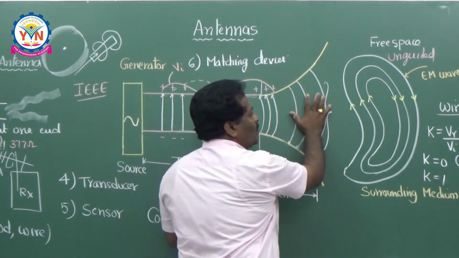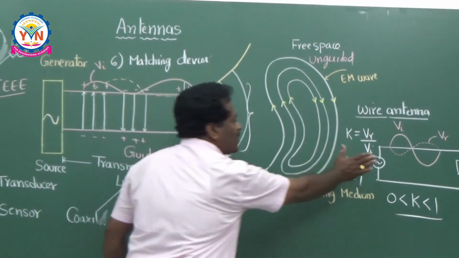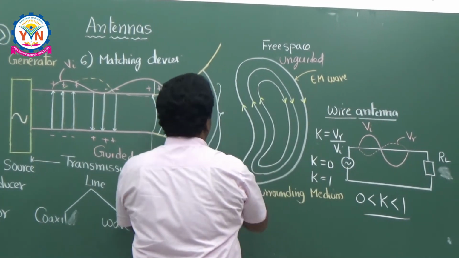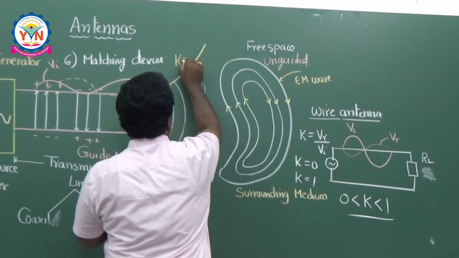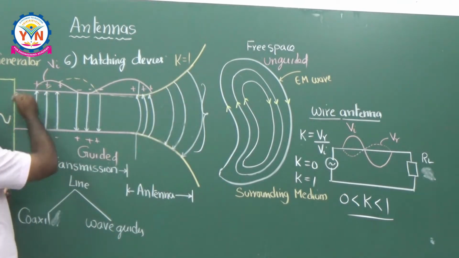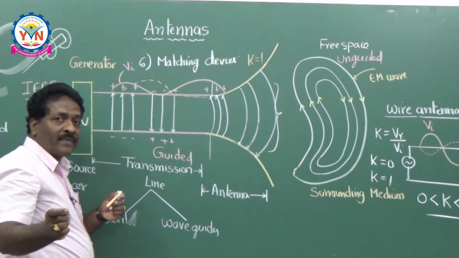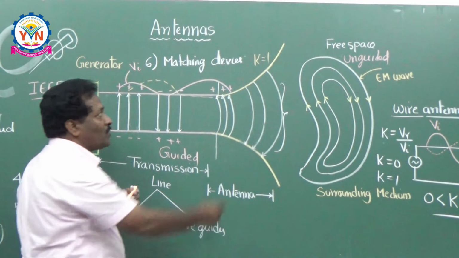Suppose RL is equal to infinity, that means it is open circuited here, then definitely the K value must be equal to 1. That means whatever you are sending, the entire thing will be reflected back. But there is a magic I would like to tell you, my dear friends. Actually, you have to expect the value of K equal to 1.